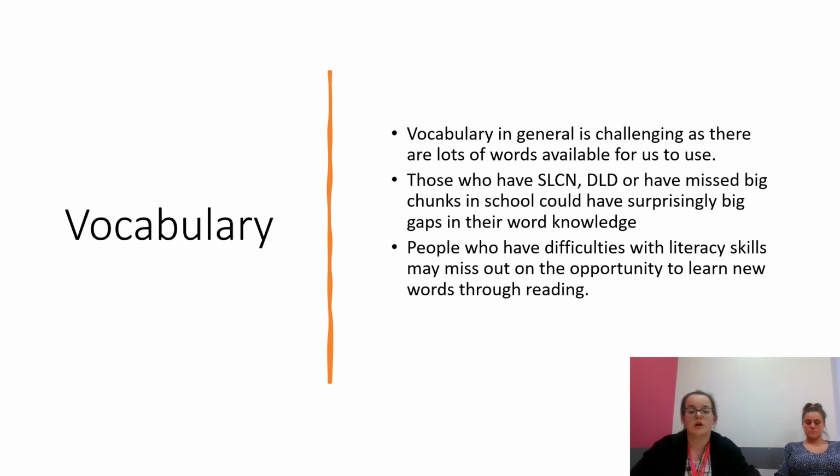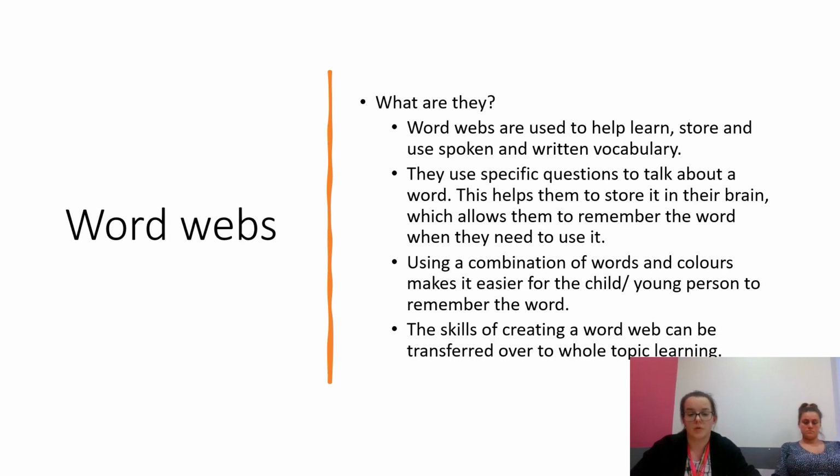So there are ways that we can support vocabulary, and the biggest one we tend to use is word webs. So word webs are used to help learn, store and use spoken and written vocabulary. They use specific questions to talk about the word, which helps the young person to fully understand the word and store it in their brain for use later on.